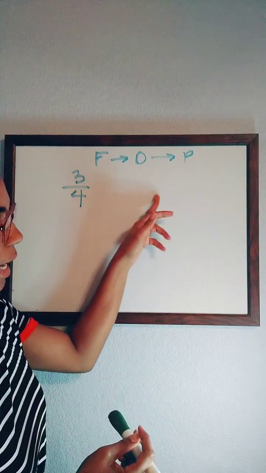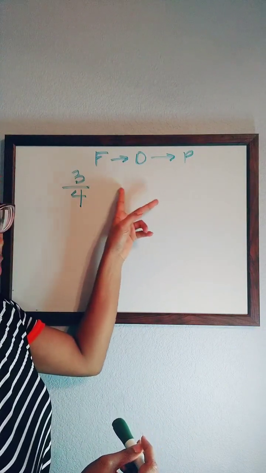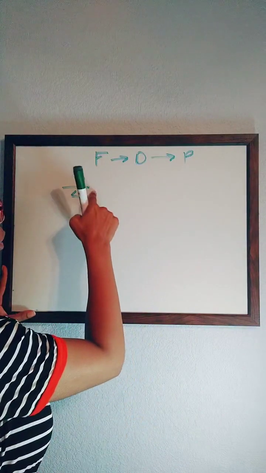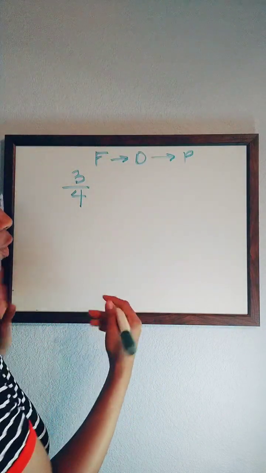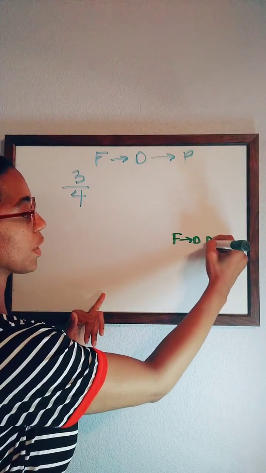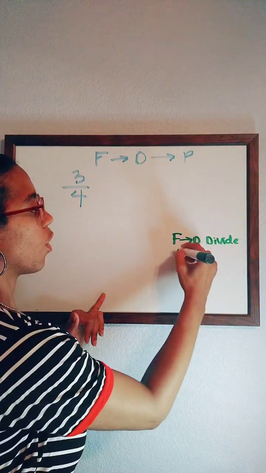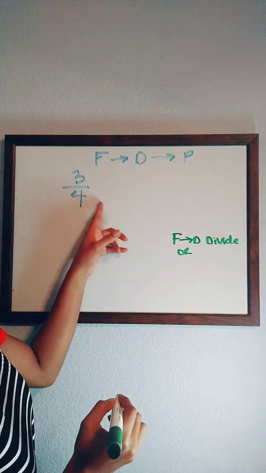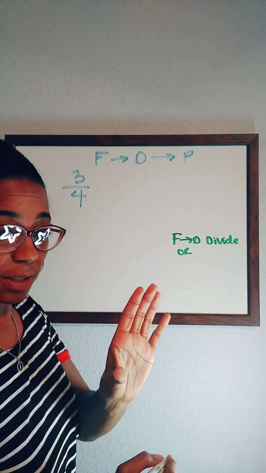I know automatically that this is 0.75. But if I'm going from a fraction to a decimal, you're going to either divide, okay? So if you go from a fraction to a decimal, you're going to divide. Or see if you can make it have a denominator of 100.